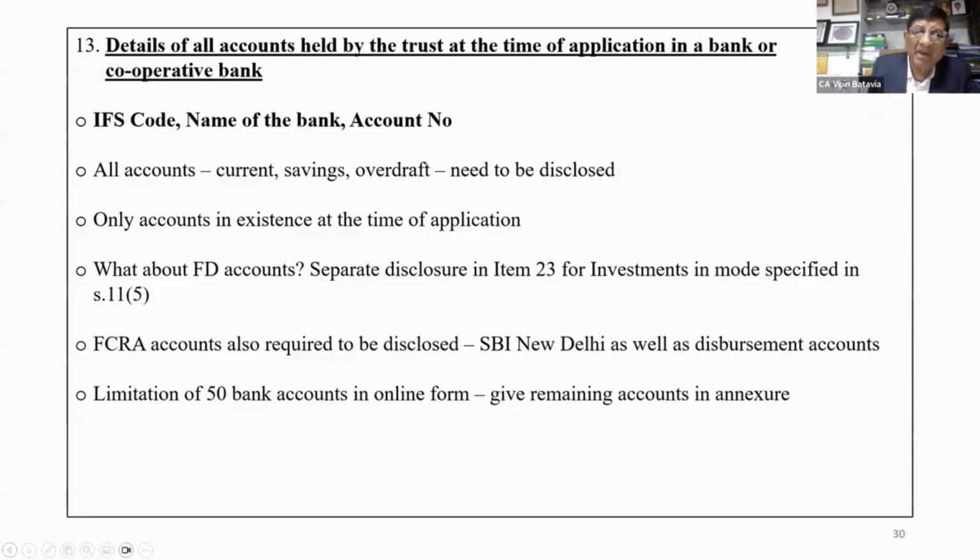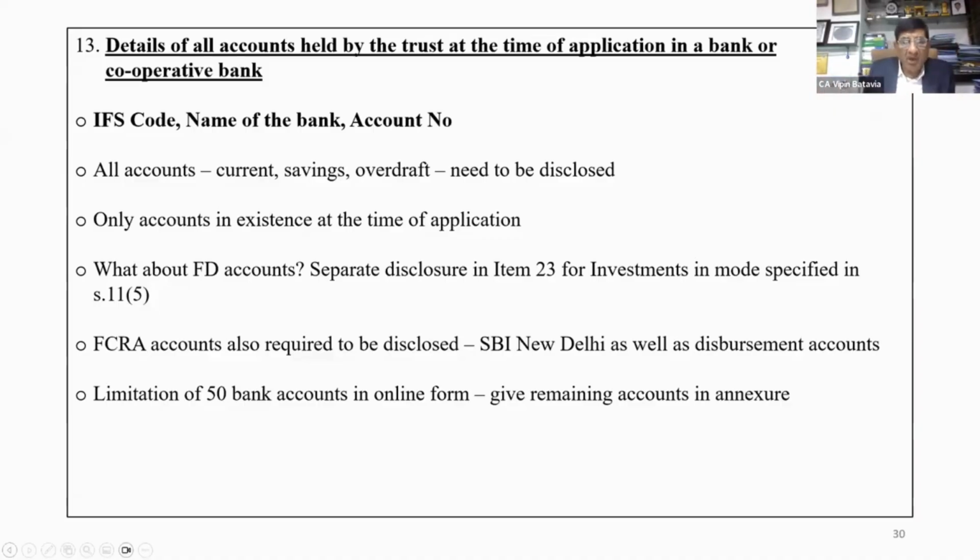Now, details of all bank accounts are to be given: the IFSC code, name, and account, whether current, savings or overdraft. And then FD accounts are to be given. Separate disclosure in item number 23 for investments specified in 11(5) has to be given, so automatically FD details will go into the 11(5) details.